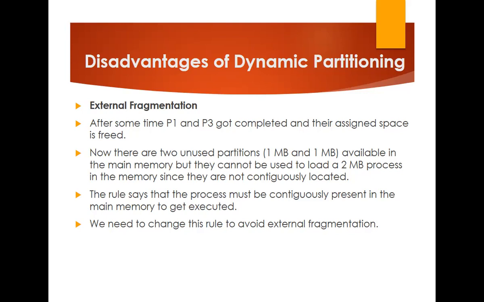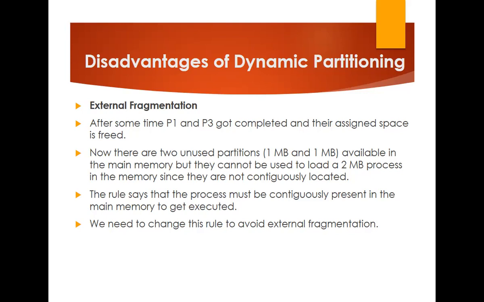So the rule in dynamic partitioning says that the process must be continuously present in the main memory to get executed. So because of this rule, now we have two empty spaces, so we cannot put a 2 megabyte process there. So this is one of the disadvantages of dynamic partitioning.